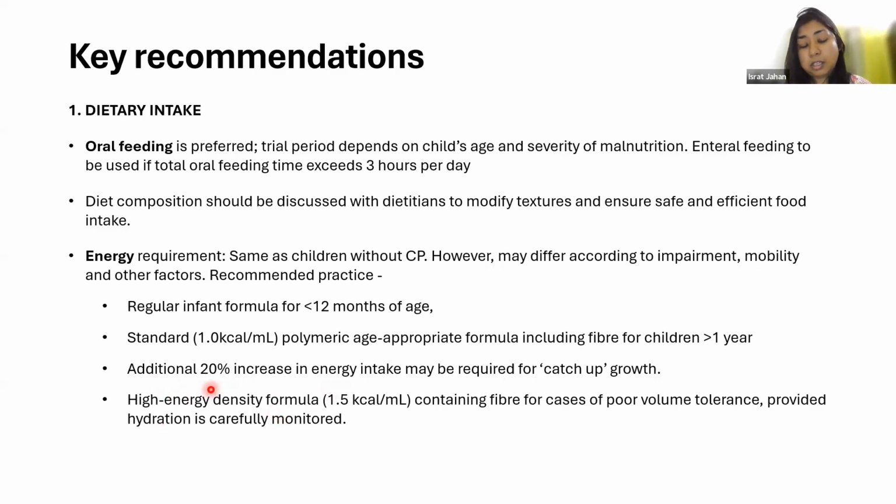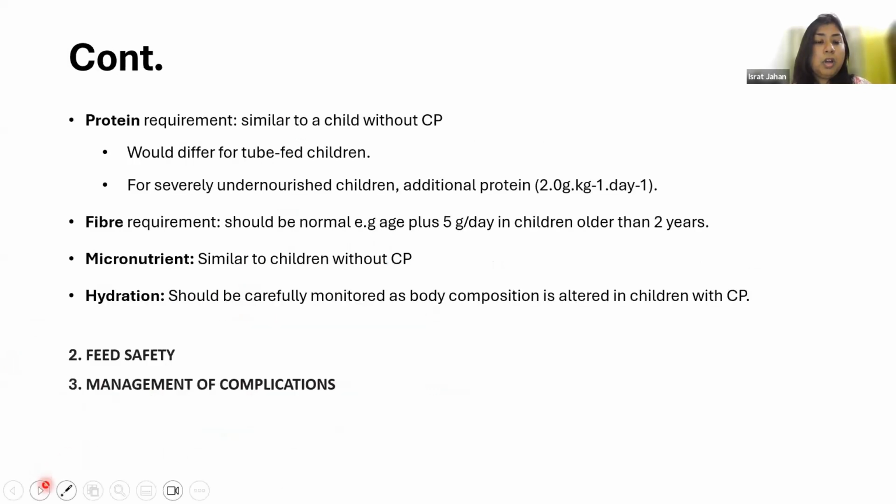As you can see, they recommend the use of high energy dense formula for children who have poor volume tolerance, because of gastrointestinal reflux and other clinical complications associated with cerebral palsy. Continuing the recommendations, fiber requirements are similar to children without CP, micronutrients similar, and hydration similar.